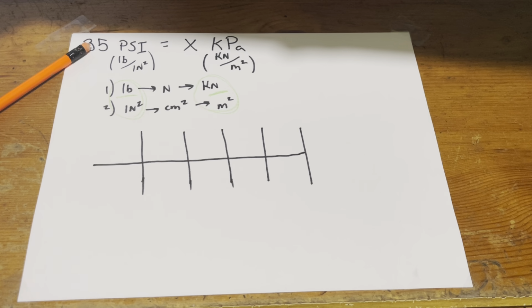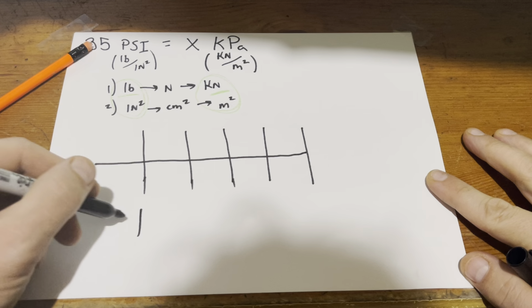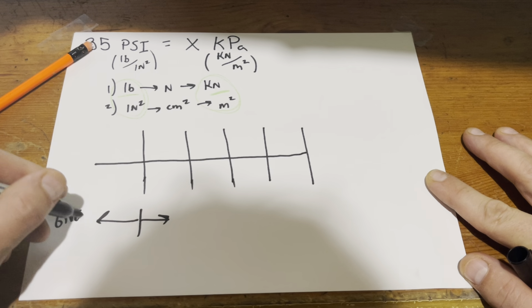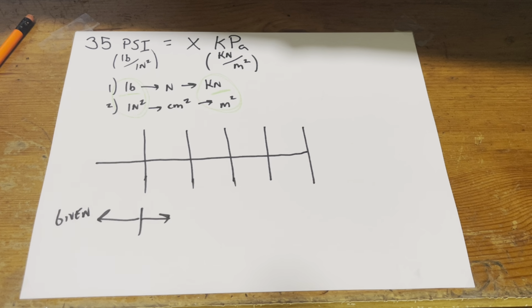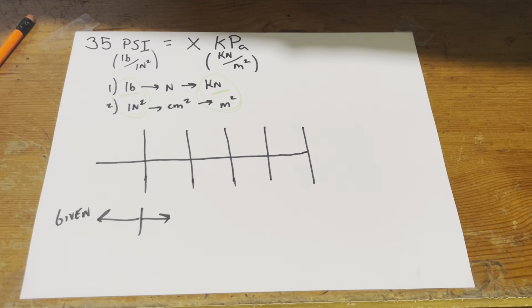And for starters, just understanding where our heads are at, this side is always what's given in the problem. So if you're starting on this side, you need to go from there that way.